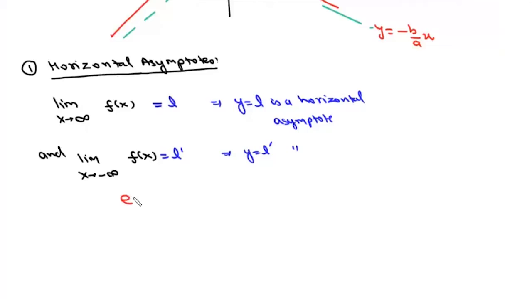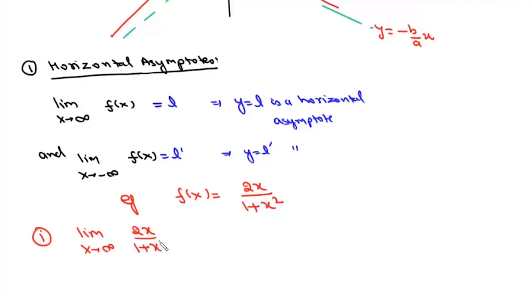If we take a very simple example, suppose we have this function f(x) equal to 2x upon 1 plus x square. Now we have to find its horizontal asymptotes. So first we'll calculate this limit. Limit x tends to infinite 2x upon 1 plus x square. Now this is infinite limit. Degree of numerator is less than degree of denominator.